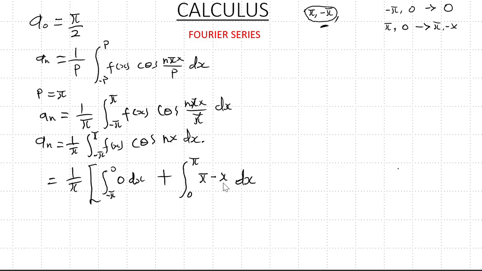I think I've made some mistake here. We didn't bring the cos. I omitted the cos, so let's bring it back. So it's going to be cos nx dx, then plus the integral of 0 to pi, and at this interval the function is pi minus x.